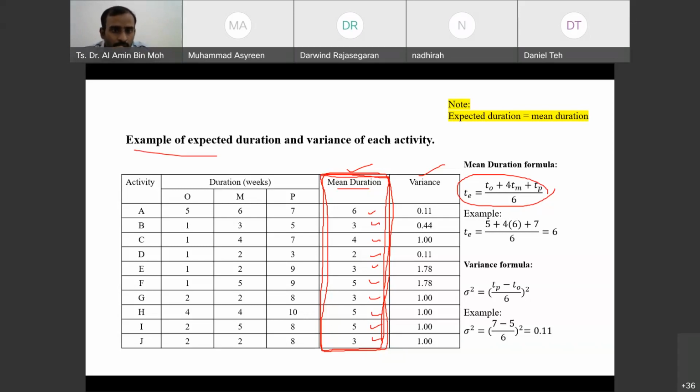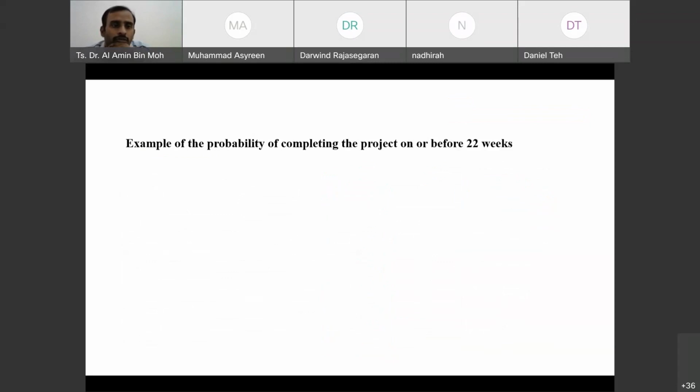Next, what I want to introduce to you is that we are also going to ask you to find the probability of completing the project within a certain time.